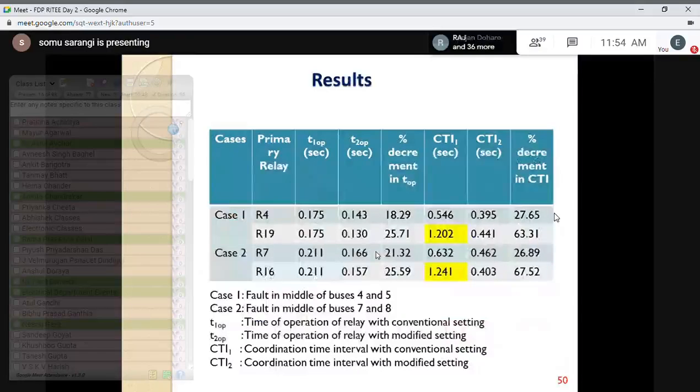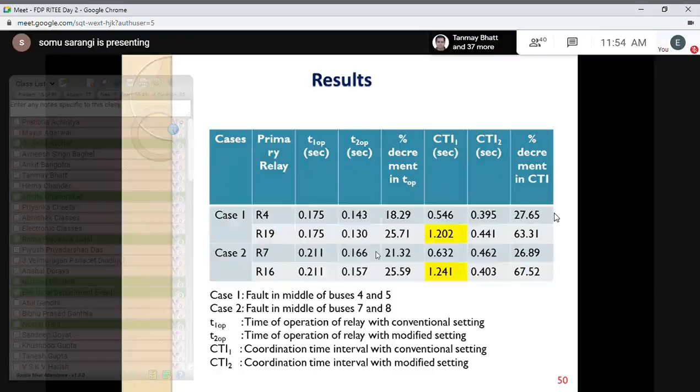So these are the results we are having for the above case. In case 1 the fault is at buses 4 and 5, and in case 2 the fault is at buses 7 and 8. In the earlier case, if you observe the CTI in CTI 1, it is 1.202, which is much more than the CTI we required. Normally we require 0.2 to 0.4.